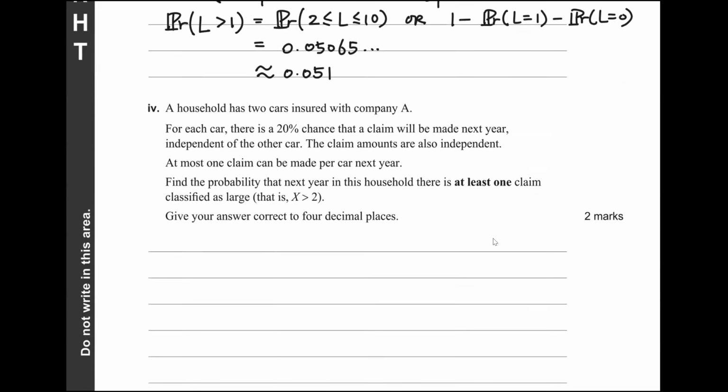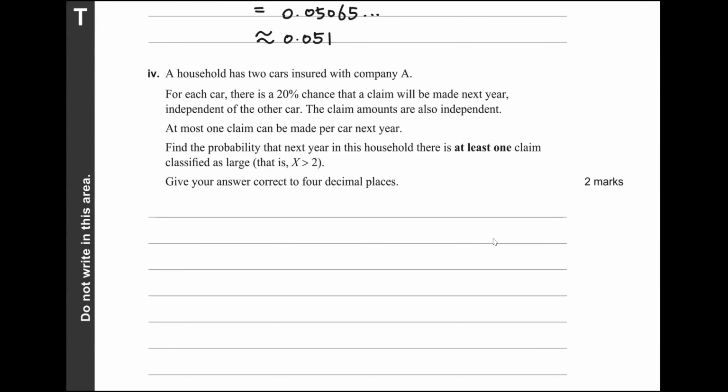All right. A household has 2 cars insured with company A. For each car, there is a 20% chance that a claim will be made next year, independent of the other car. Okay? So car 1, you could have, let's say, claim, no claim.